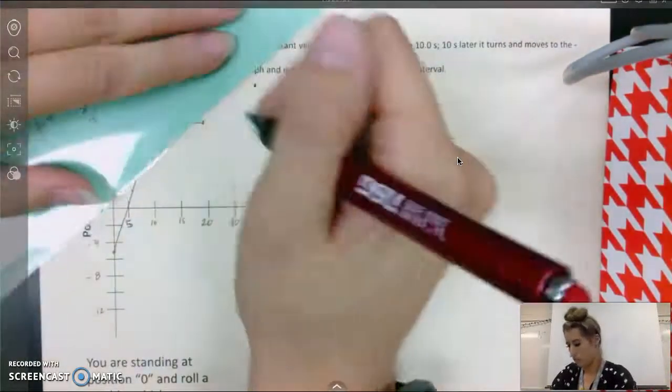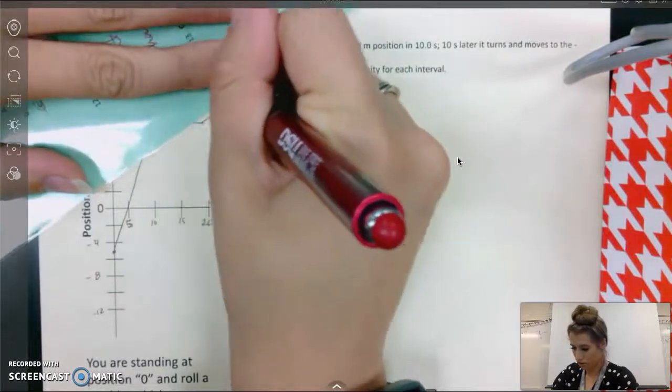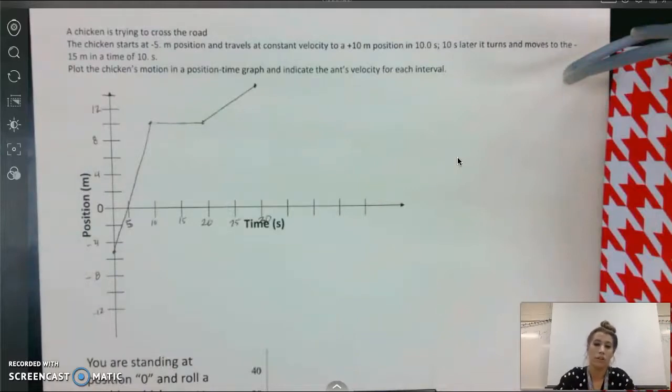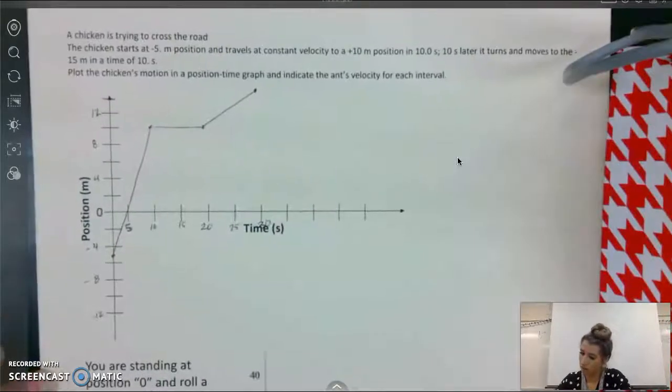Now I want you to notice that from this information, we could solve for our velocities because it's just the slope of these lines, and we can get that from our information up here.